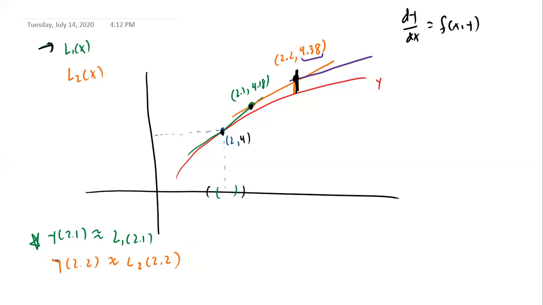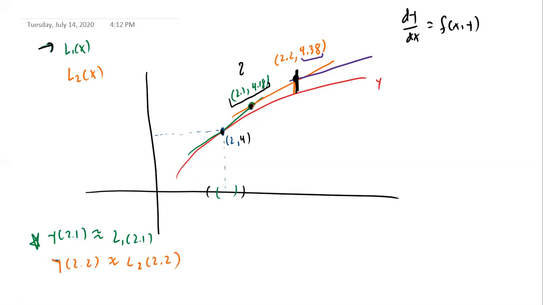Well, what we did first is approximate the value of y of 2.1. So instead of using this first linearization, we move to this point that is approximating what y of 2.1 is.